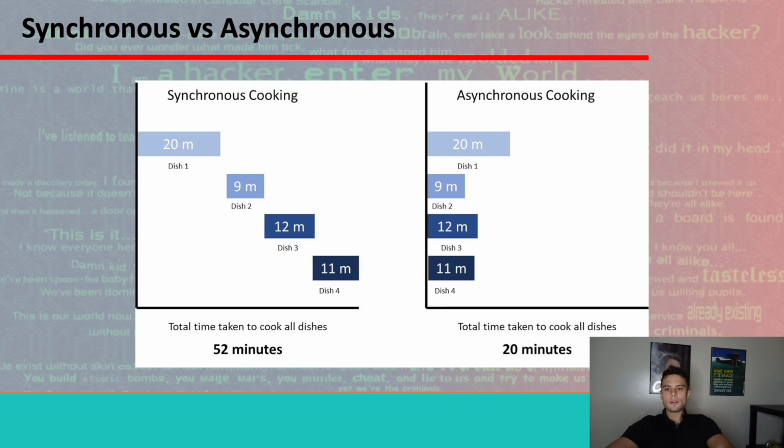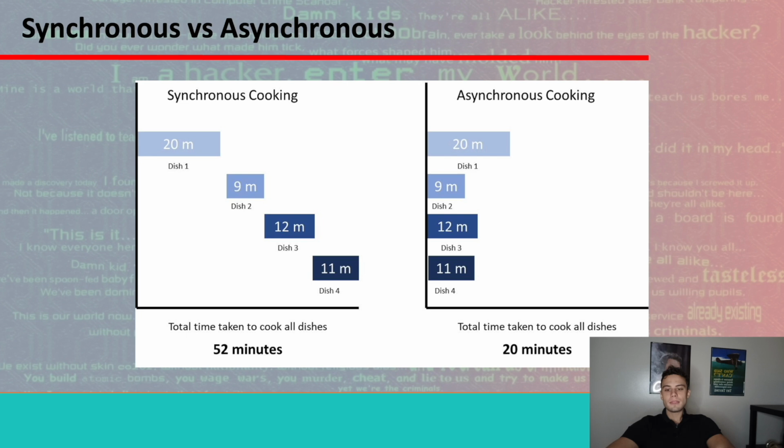Or let's say you go to a restaurant with only one chef. If the chef is making all the dishes for all people in the restaurant, then he can complete dish 1, then he can jump to dish 3, then dish 4, and so on.